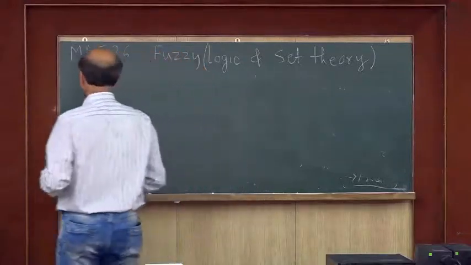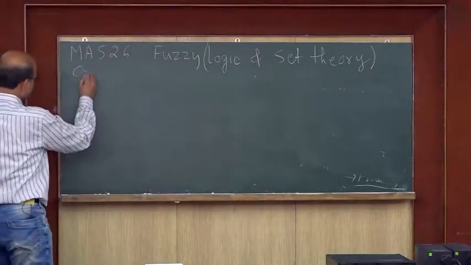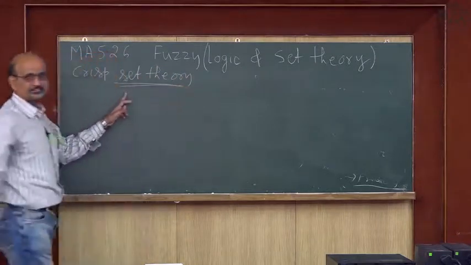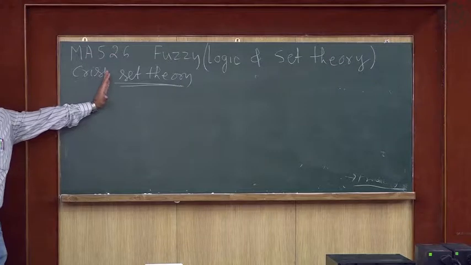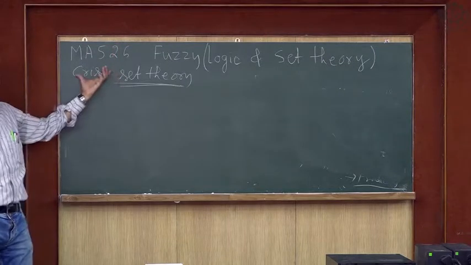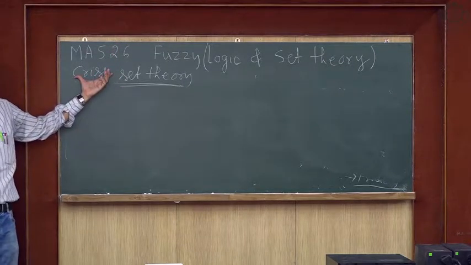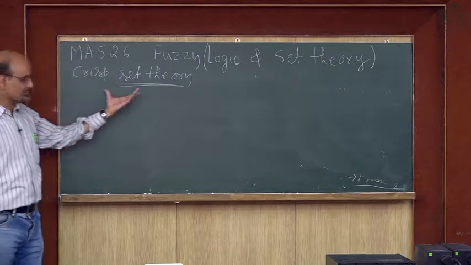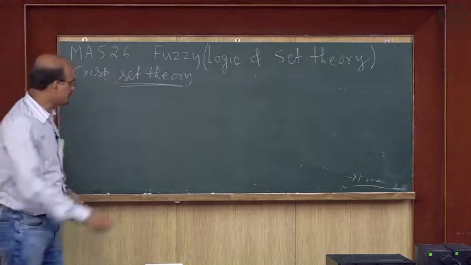So, that means for crisp set theory, or actually you call it set theory, just set theory, I am using the word crisp set theory because we have fuzzy set theory. Okay? Till now you have done set theory. So, in crisp set theory, how do you define a set?